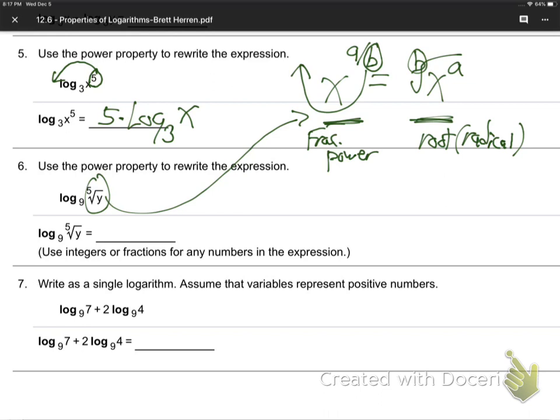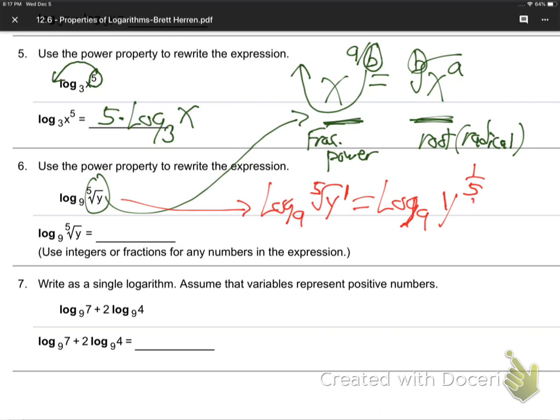Okay, who cares? Well, that means this one, let's bring it over here, log base 9 of the 5th root of y, we've got to realize that's y to the first. They're not showing a power, so it's got to be y to the first. That's equal to log base 9, again, the 9's not going anywhere, that's just glued to the g, of y to the 1/5. Do you see how I did that?